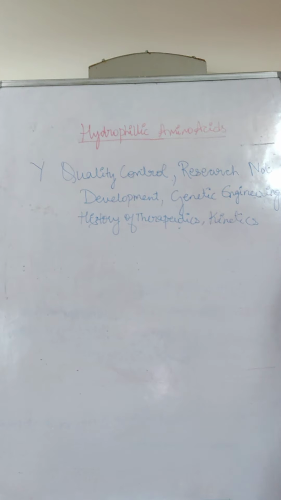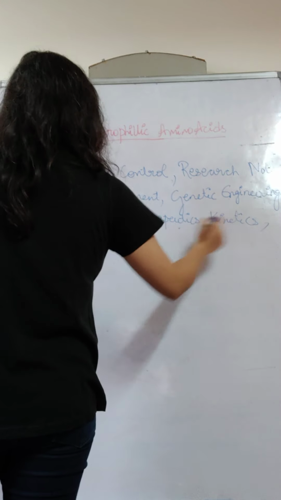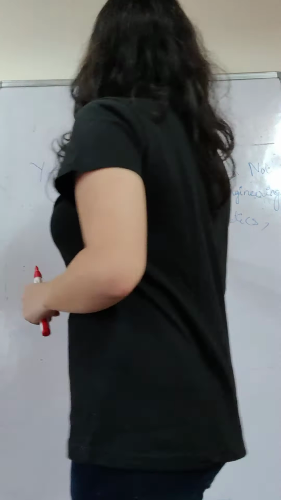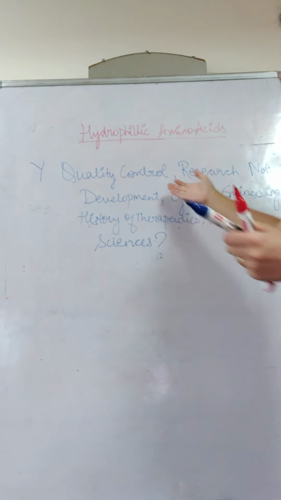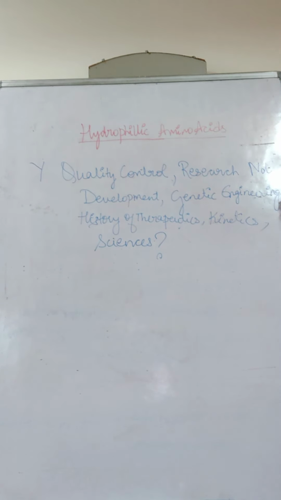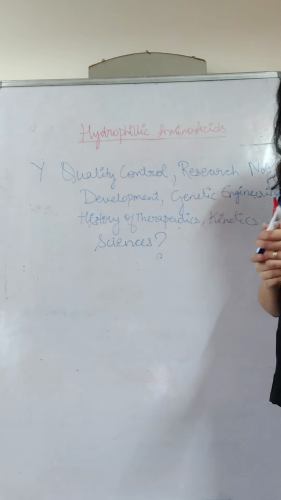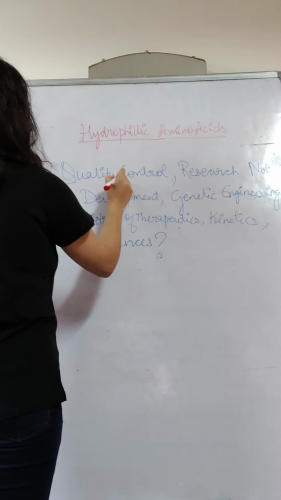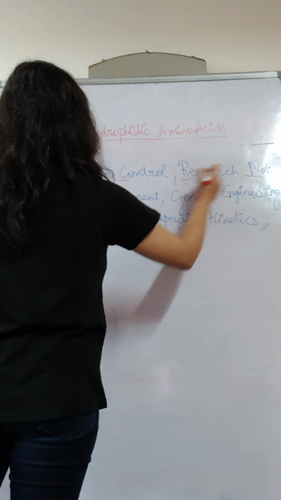So why quality control, research and development, genetic engineering, history of therapeutics, kinetics and sciences together. So this is the question. Underline the capital letters, then I'll teach you about it.